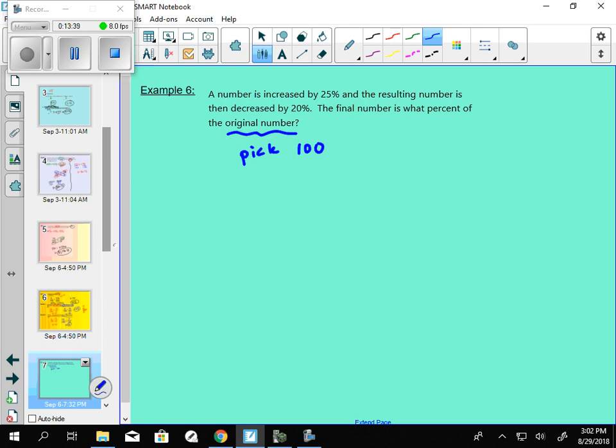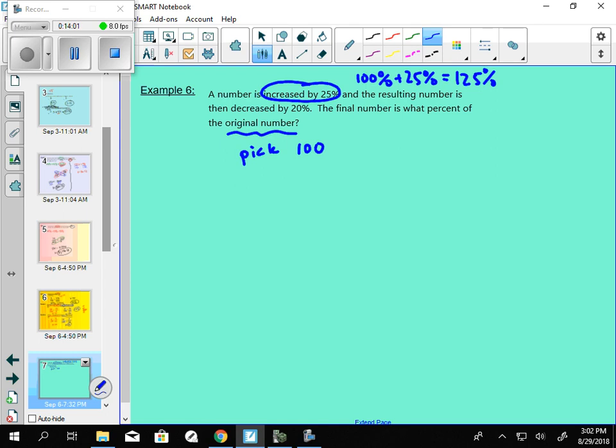If we're starting with 100, let's see what happens when we increase it by 25%. Remember, increasing by 25% means we're taking our starting percentage of 100, adding on 25, resulting in 125%. What's 125% of 100?